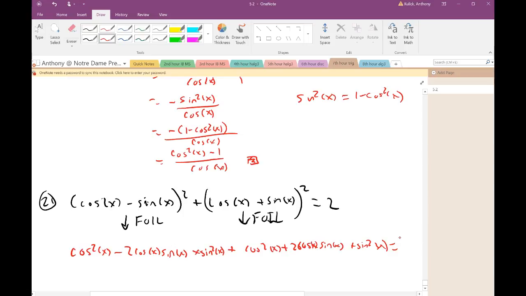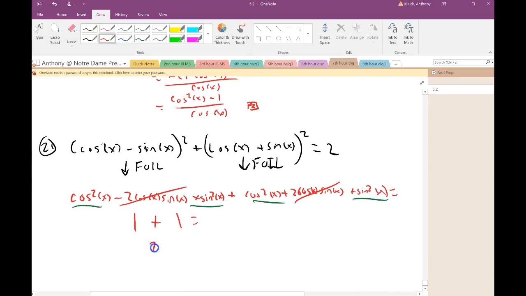And now I'll notice if I try to combine like terms, I have a negative 2 cosine x sine x and a positive 2 cosine x sine x. So those can cancel out. And what I'm left with then is cosine squared plus sine squared. That's 1. And then another cosine squared plus sine squared. So that's 1. And then I have 1 plus 1 is 2.